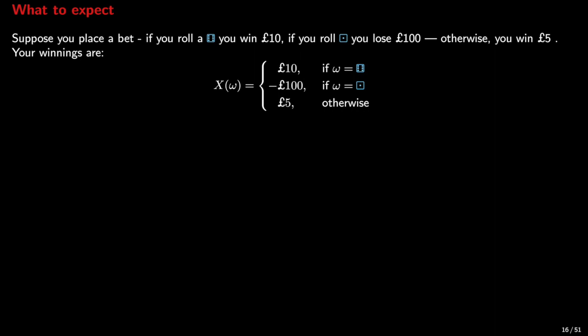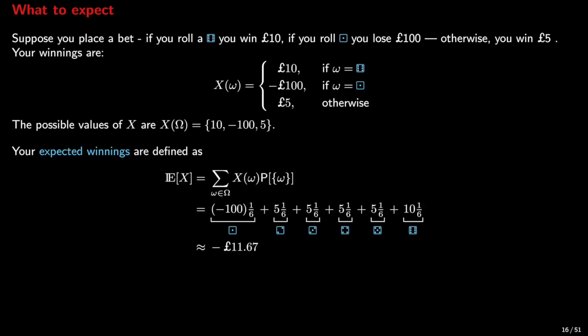We construct a random variable following the description above. We say that X of omega is £10 if omega is equal to 6, minus £100 if omega is equal to 1, and plus £5 in any other case. Now the possible values of X are 10, minus 100, and 5. That's the money you can possibly win or lose from that game after playing this game once.